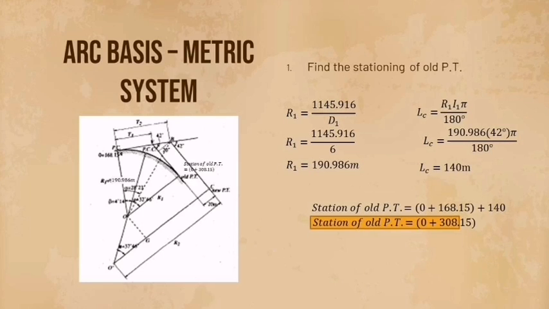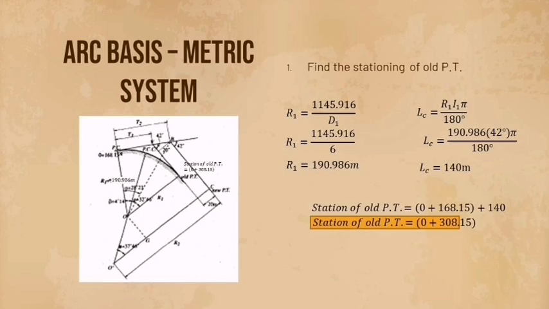For number 1, find the stationing of the old PT. Number 2, find the stationing of the PCC. Number 3, find the stationing of the new PT. As the problem says, we will use the arc basis. So for number 1, find the stationing of the old PT. We will first find the radius 1.